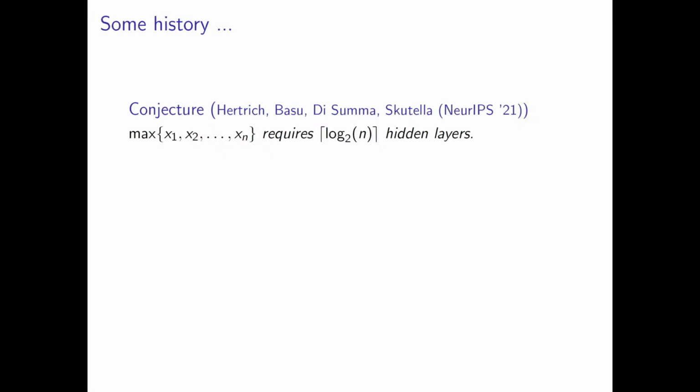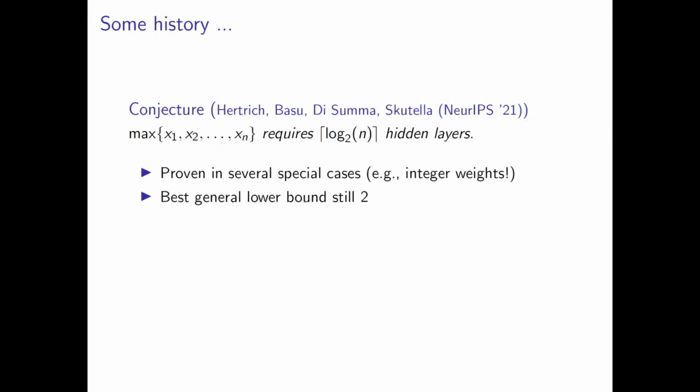A couple of years ago, when I was really annoyed by this logarithmic upper bound, which I didn't seem to be able to improve, I thought about it together with some clever other people, and at some point we were like, OK, this must be the optimum. There's no way that it can be better than logarithm to the base 2, and we were bold enough to phrase it as a conjecture. The conjecture was even published in a NeurIPS paper. So I guess people believed that our conjecture could be reasonable. We still worked on this. We tried to prove it. We proved it in special cases.